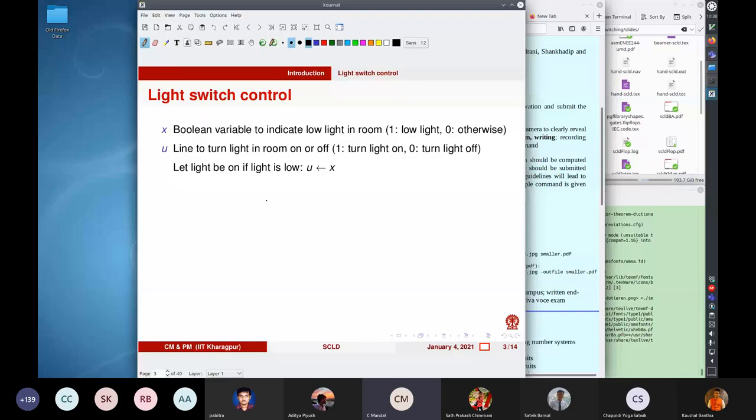And of course, if you have a higher voltage, your energy dissipation would also be more. If R is the resistance of your circuit, then the power dissipation is V squared by R. So, as you can see, the energy dissipation increases as the square of the voltage. So there is a good reason to go for low voltage circuits.